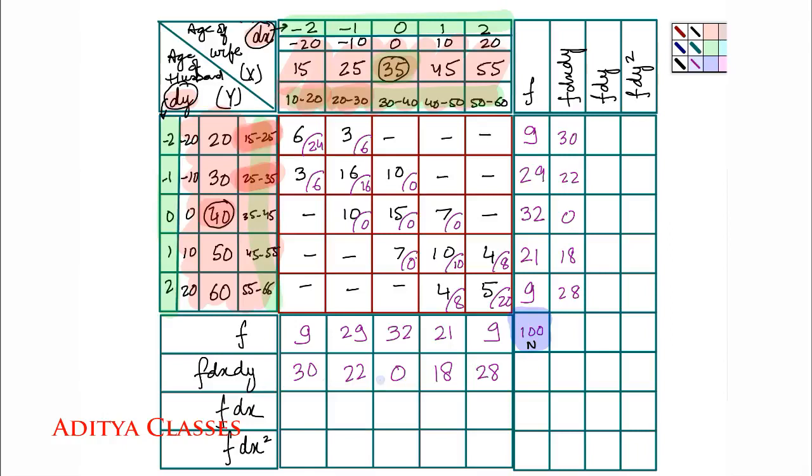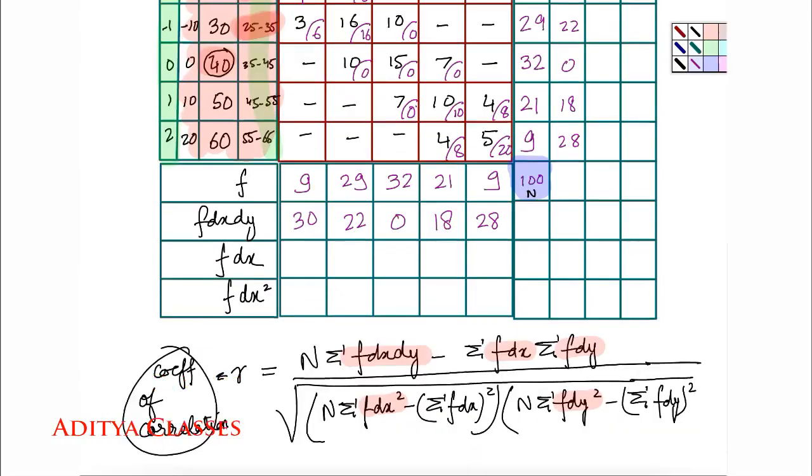Let me add them. When you add these, you'll get summation of f dx dy. Remember, we need summation of f dx and dy. So let me go ahead and add this f dx dy. Total would come out as 98. This is another important value for us because we'll be needing it over here. This is f dx dy.